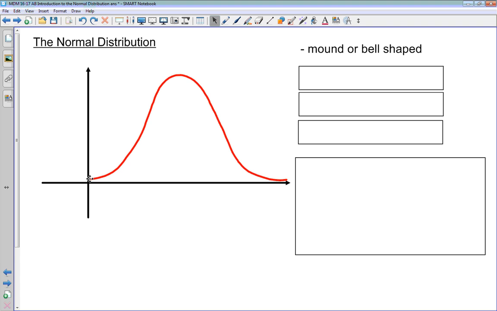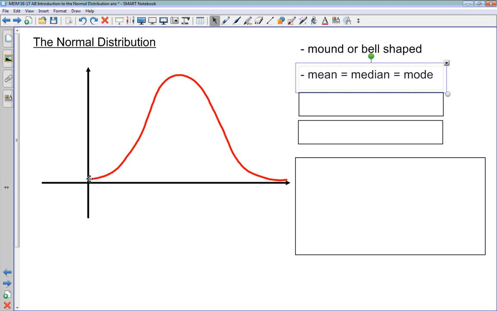So if we've got a distribution like this, way back when we were talking about distributions, we said that distributions like this had a mean, a median, and a mode that were all about the same thing. Okay? Mean is very similar to the median, very similar to the mode. And where that mean, median, or mode occurs is right in the middle of our distribution.